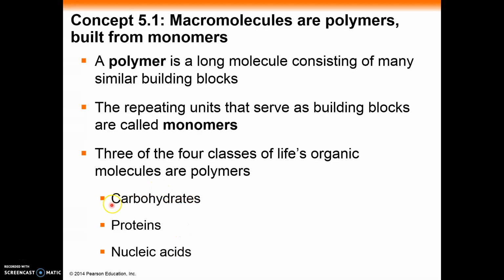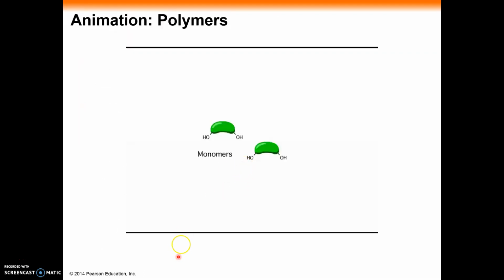We've already stated that proteins are made up of individual amino acids, and that nucleic acids are made up of nucleotides, the A's, T's, G's, and C's, right? Carbohydrates are built from simple carbohydrates or simple sugars such as glucose, and you can put them together and build much larger things.